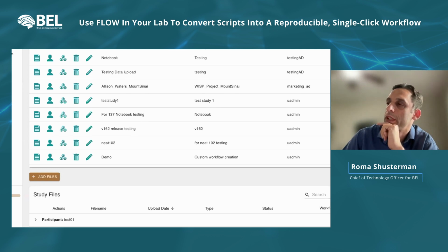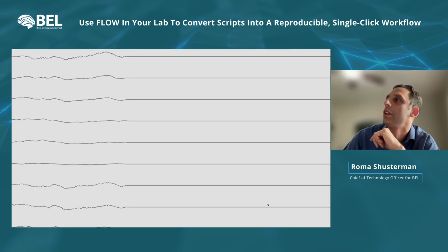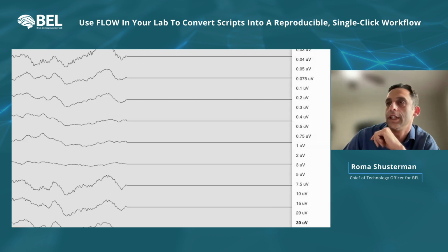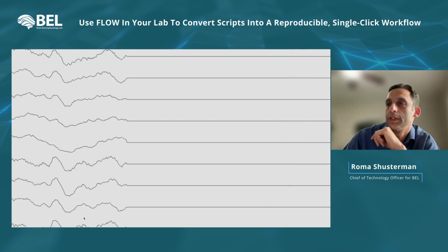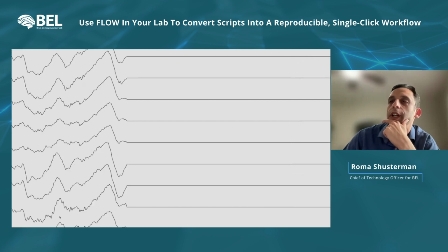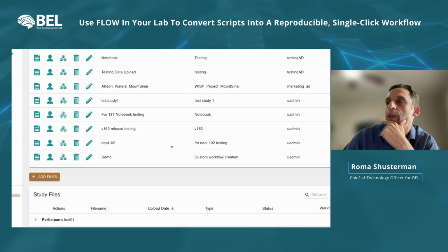So now we can even review these files, for example, in supported workflows. And immediately, we can show this ERP of 256 channels, I think. So that's overall how it works.